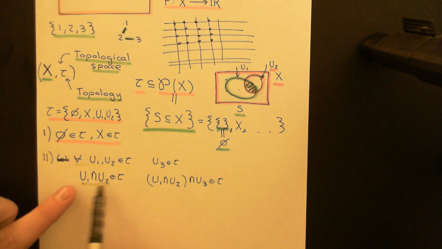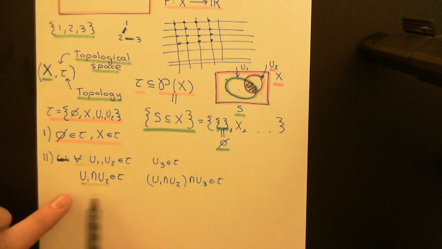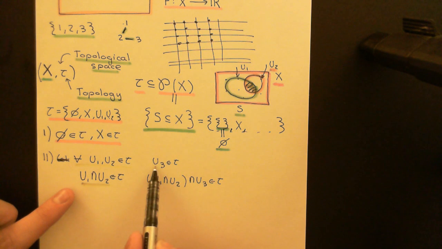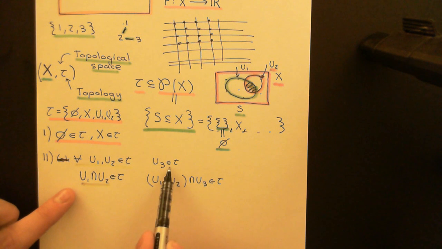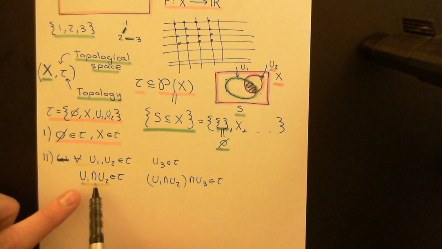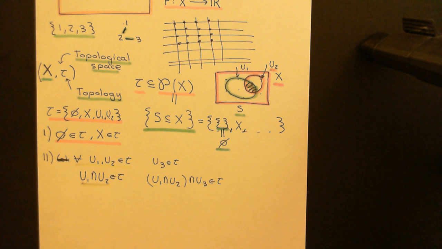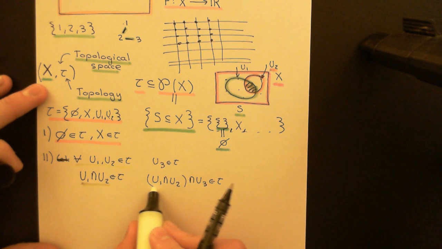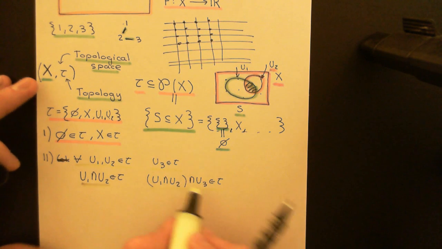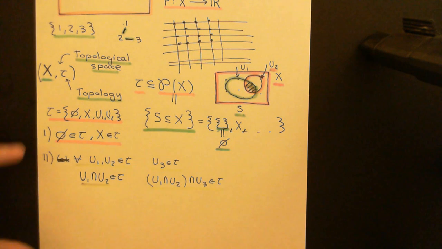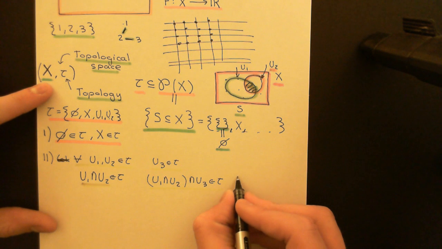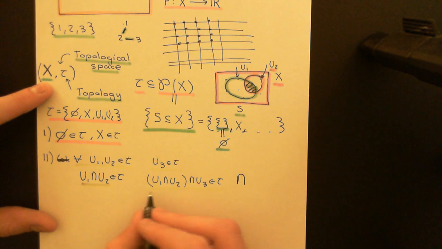Because any two elements of the topology intersected together have to be another element of the topology, I can intersect U1 intersect U2 with U3, and that also has to be an element of the topology. So once this is true, it also follows for three things intersected together that they have to be in the topology, and therefore you can extend this in fact to an arbitrary finite intersection.